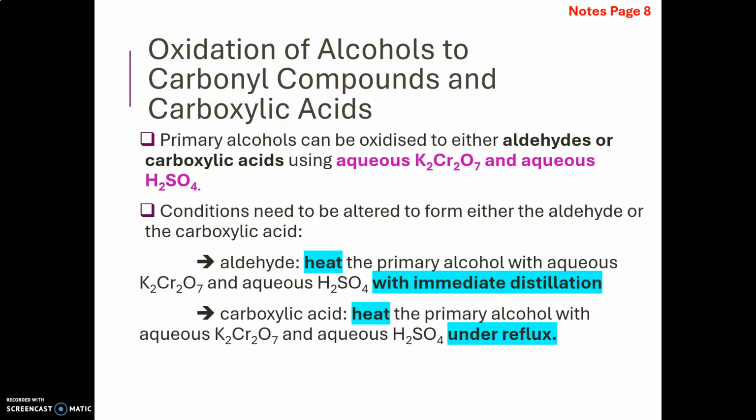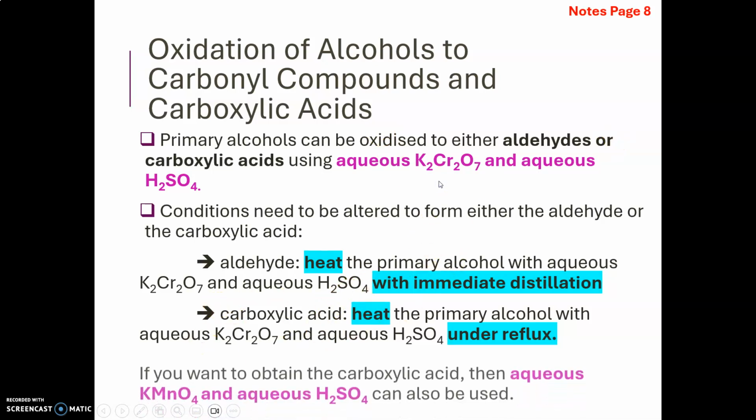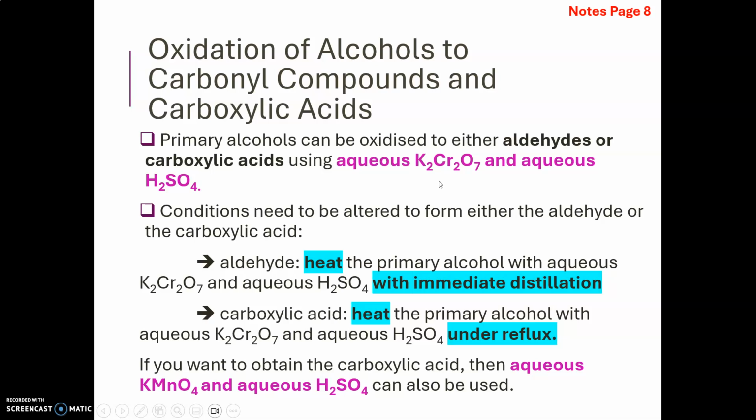Whereas if you want to obtain the carboxylic acid, you will heat the primary alcohol with aqueous potassium dichromate(VI) and aqueous sulfuric acid under reflux. If you want to just obtain the carboxylic acid, you can alternatively use aqueous potassium manganate(VII) and aqueous sulfuric acid.